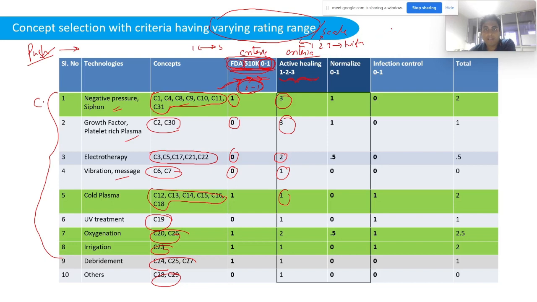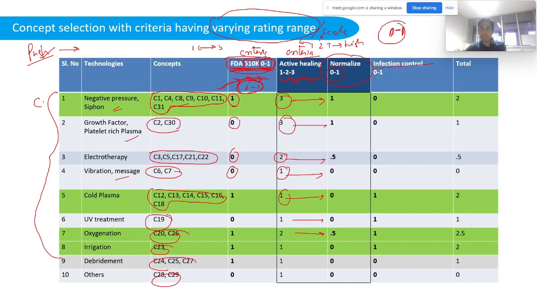If we consider 0 to 1 as a standard scale for our purpose, then we normalize these values to the scale 0 to 1. So 3 becomes 1. These are the values after normalization. This is how we consider criteria having various rating ranges, and still we can use the weightage index method to score various concepts.